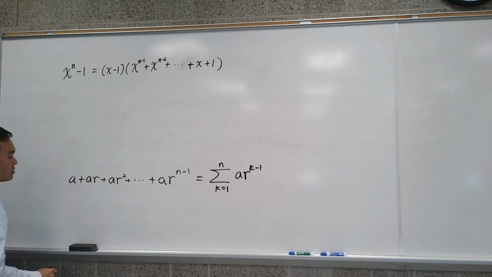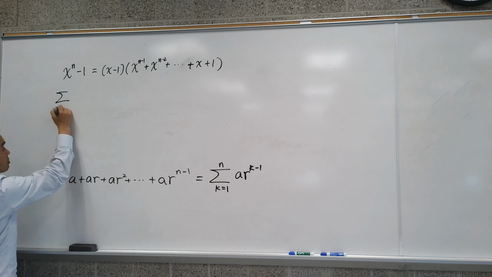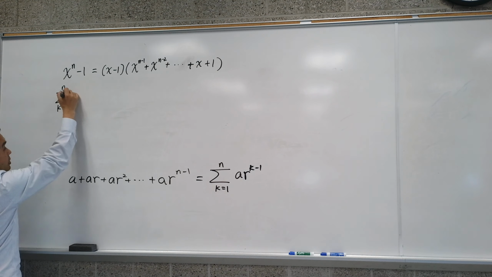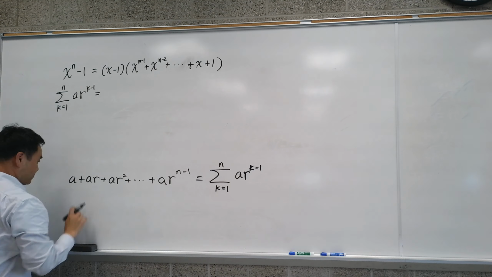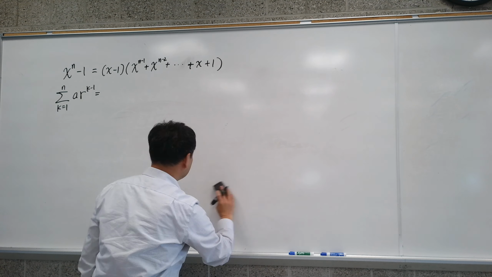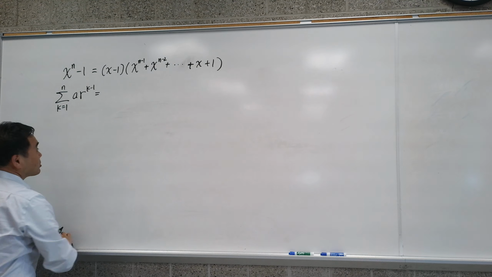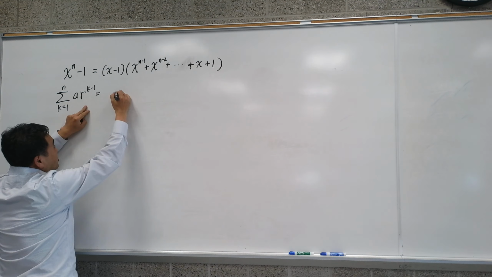Okay. So now we do the summation of k equals 1 through n of a r to the k minus 1. I'll just erase this for now. And it's a straightforward calculation. When k is 1, what does this produce?